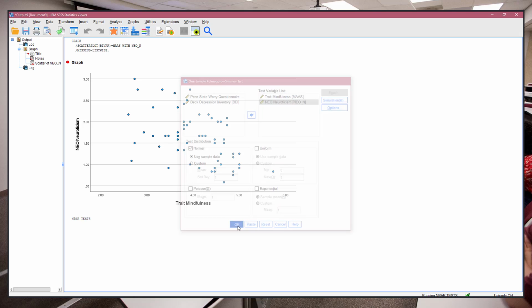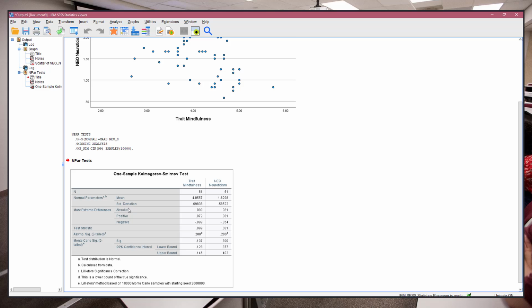So we click OK. What we're interested in here is whether or not the test statistic is significant. If it's less than 0.05 under the significance two-tailed, then that means that it's not normal.